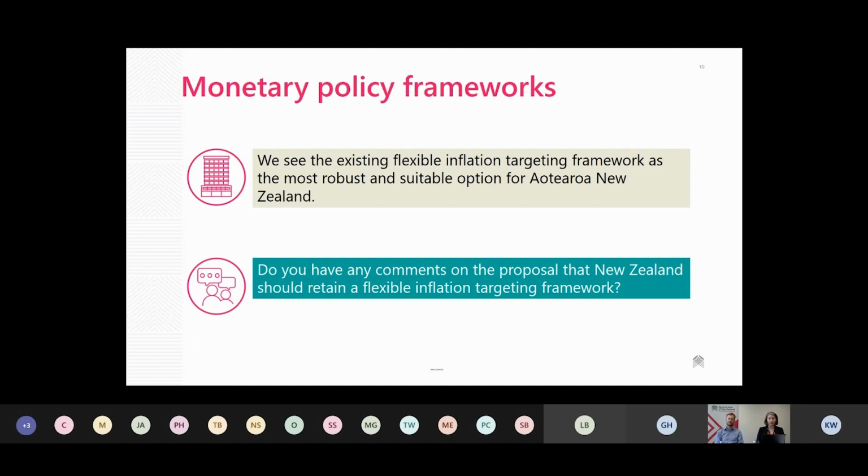So we've ruled that one out as well. Therefore, we conclude that flexible inflation targeting is still the best option for New Zealand. And this is the proposal that we're intending to make to the Minister of Finance when we provide advice next year. And so that's the proposal we're seeking your input on as part of this consultation.